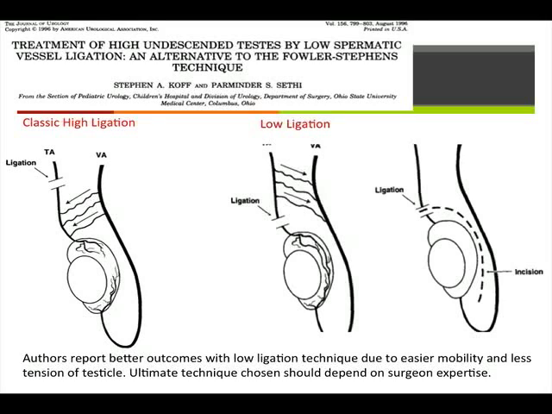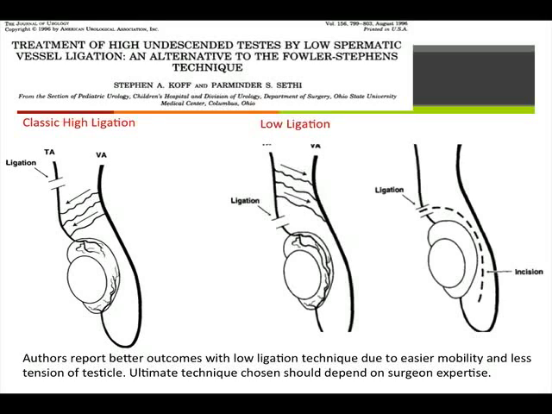This group actually, in I believe 97 or 99, looked at low ligation. They suggested that if you ligate the testicular vessels as close to the testicle as possible, then you get improved collateral supply superiorly.